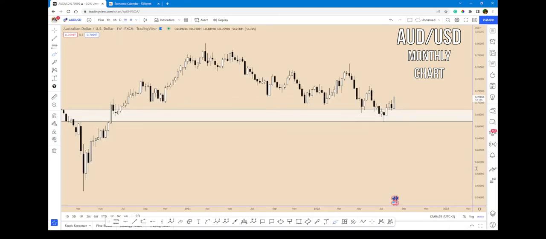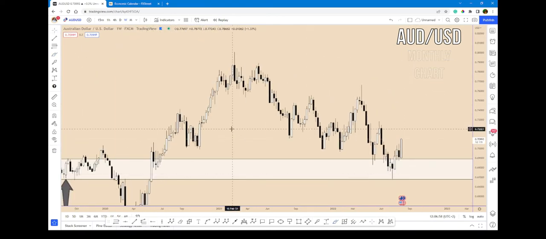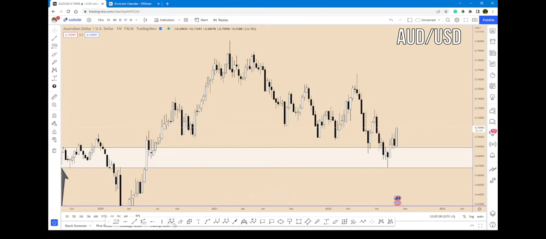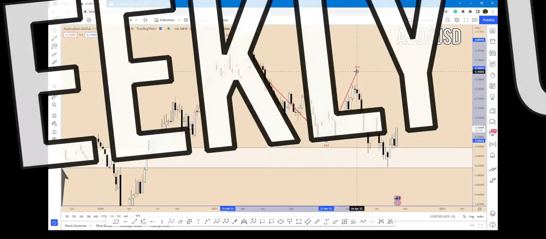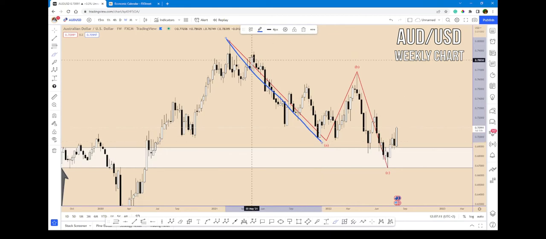So let's break it down on the weekly time frame and see what is happening. On the bigger picture, we can see that price came down as an ABC pattern in this way. Here we have the bigger wave. Despite the fact that this is going to be up and down, this is something normal.